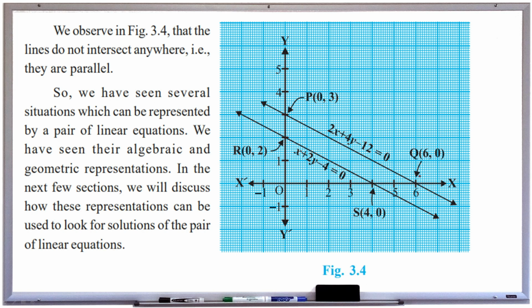Just plotting the points, you will get the lines. Plot the points (6, 0) and (0, 3), you get the line PQ, and put the points (4, 0) and (0, 2), you get another line. These two lines are not intersecting.